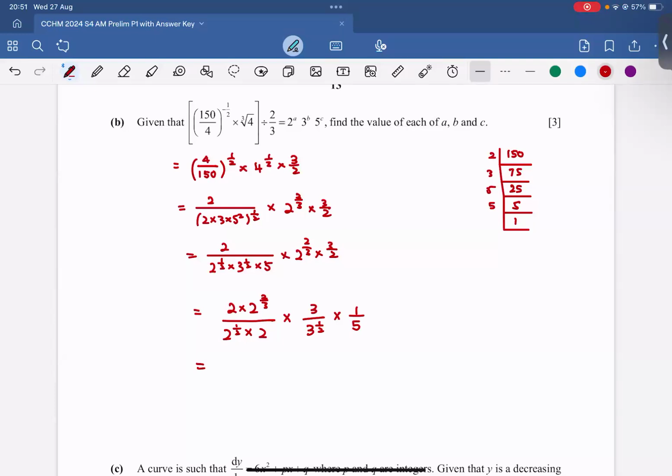So this will be 2 plus 2 thirds, which is 2 to the power of 8 over 3, minus this is 3 over 2. Correct. This is 5 over 3.